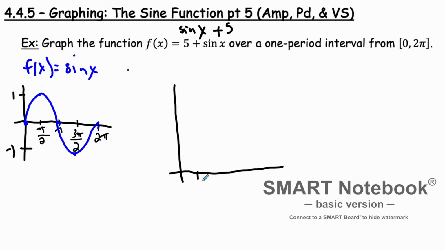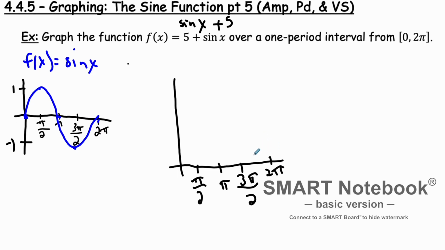again, my x coordinates are not changing, so I'm just going to recopy those down here. Pi over 2, pi, 3 pi over 2, and I can fit 2 pi in there. You can see that. I'll scroll up a little bit. But like I said, my low point is going to be at 4.